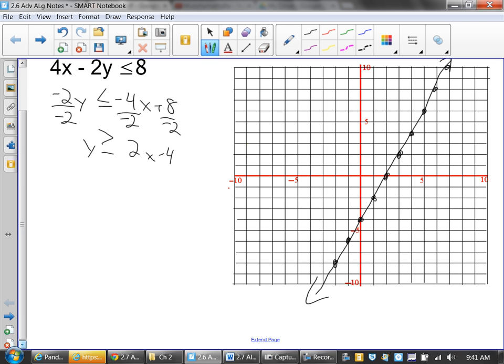So there's a couple of tricks to remember. When you are graphing inequalities, if it's a less than or equal to or a greater than or equal to, it's a solid line. If it is just a less than or a greater than, it's a dotted line.